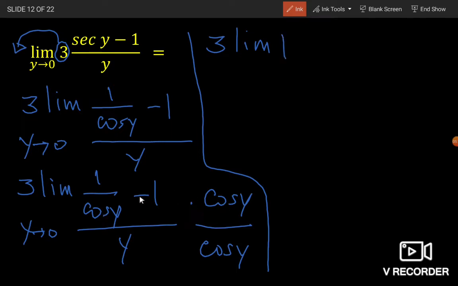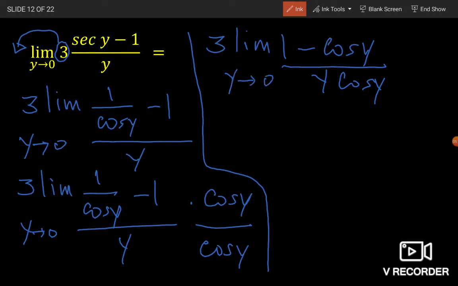Cosine of y times negative 1, you'll get negative cosine of y, all over cosine of y times y, which is y multiplied by cosine of y, as y approaches 0.